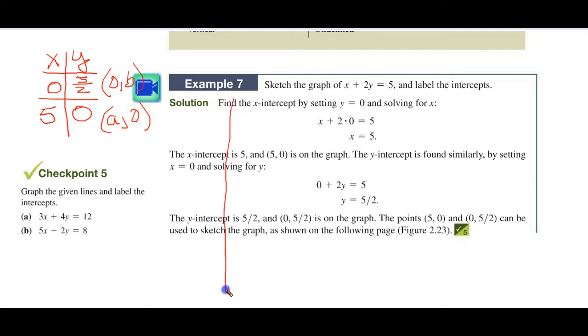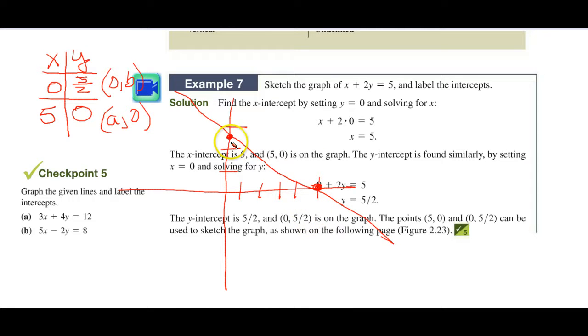Now when you graph that, and you'll be using your MATLAB to do it, 1, 2, 3, 5/2 is 2.5, so right there, and then 5, 0, 1, 2, 3, 4, 5. You have plotted the y-intercept, the x-intercept, and then just by doing those two spots, you get your graph.